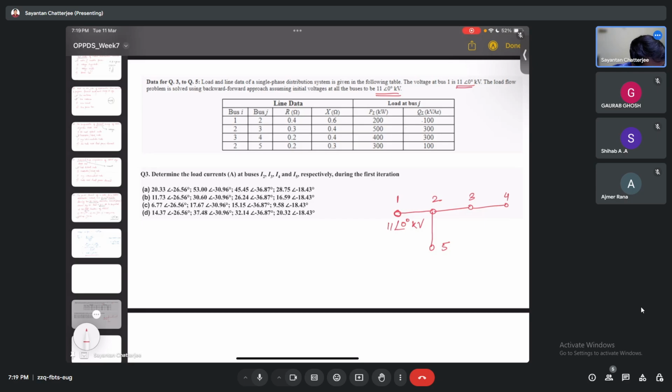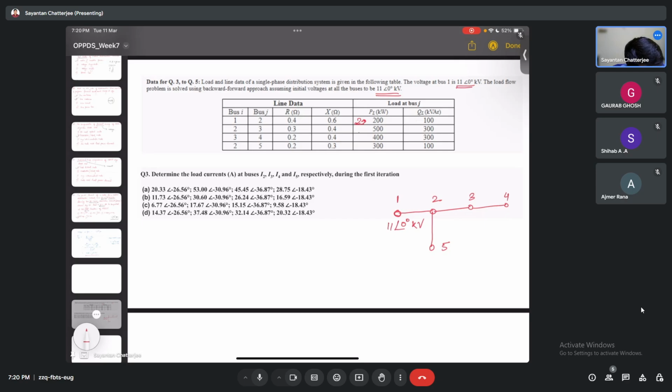Power P and Q values, load at bus J. So this row is for bus J, so bus J is 2 here. I think it's understood, right?